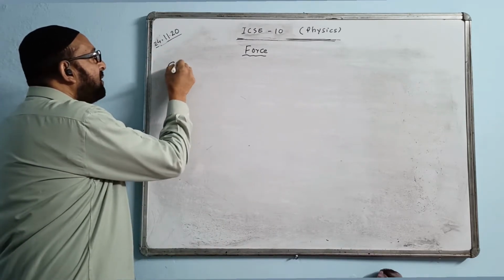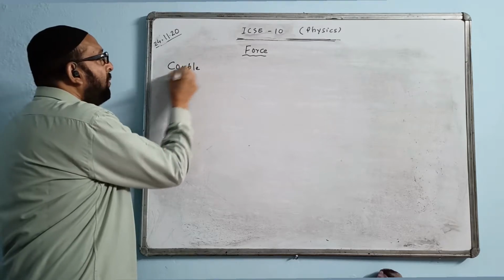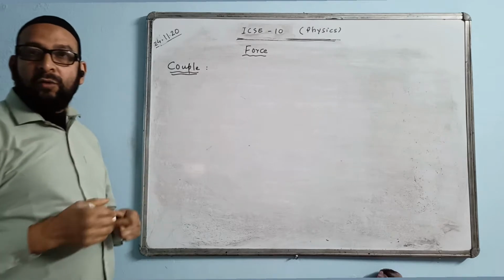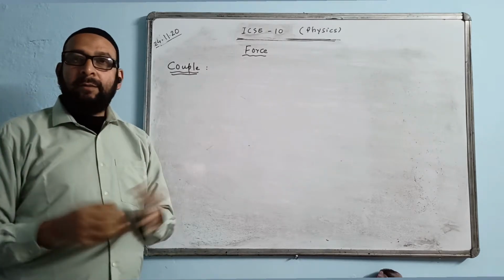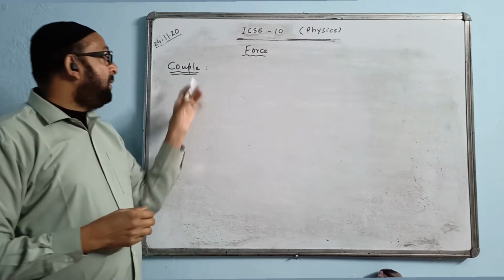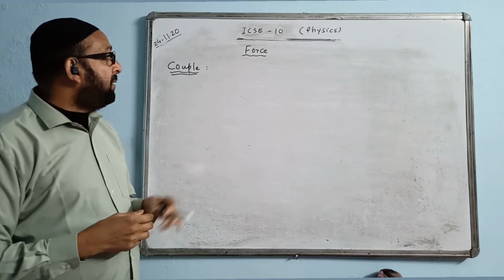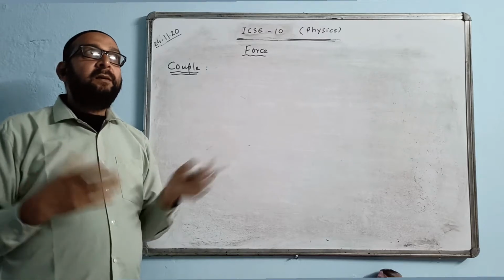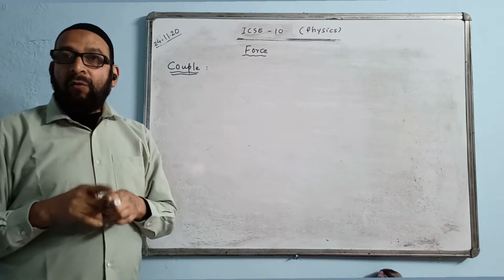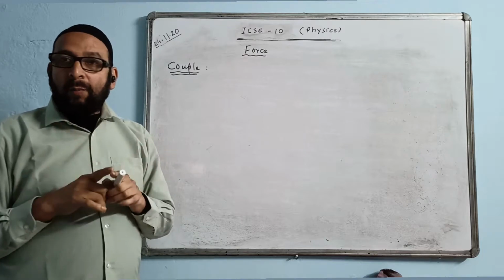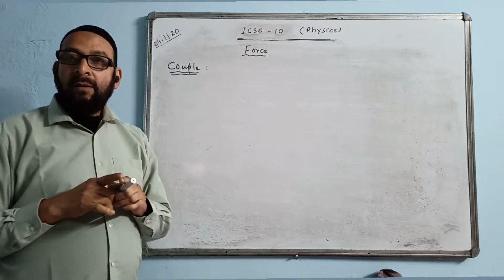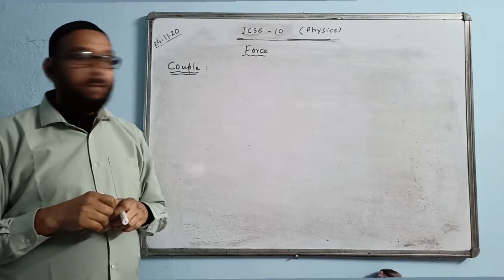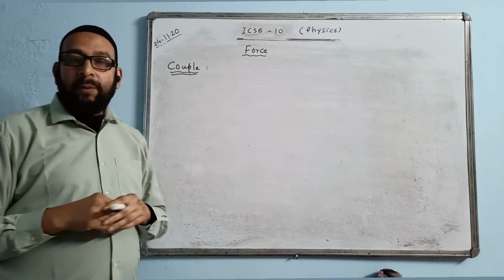Next heading we can give is couple. COUPLE. Couple means pair. In relation to physics, or in relation to chapter 4, we say a pair of equal and opposite forces whose line of action is not the same is called a couple.